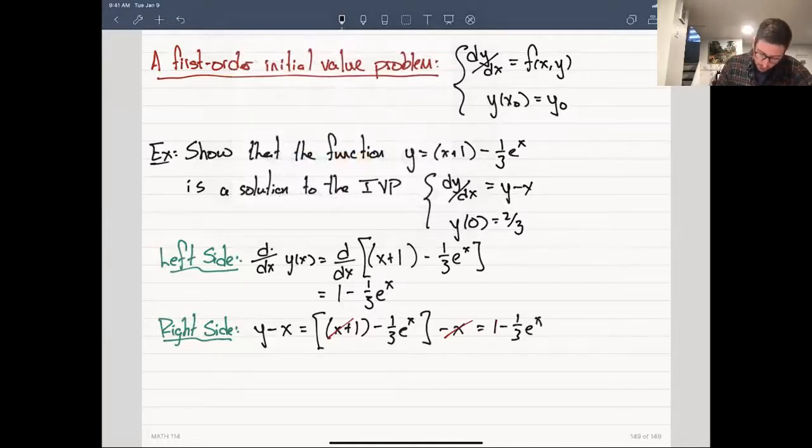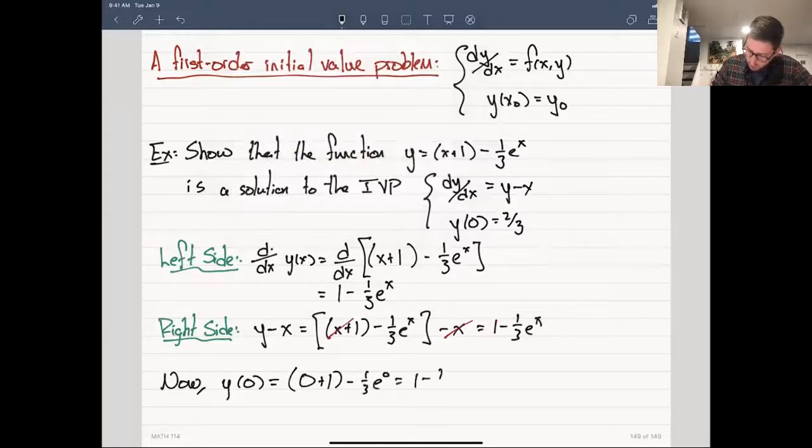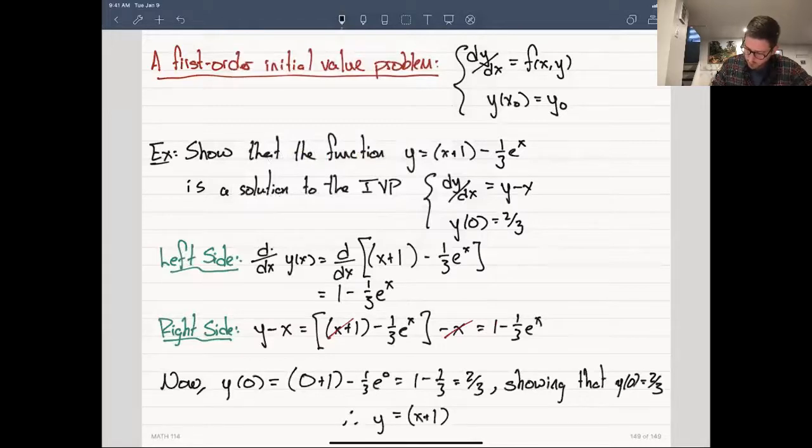So now y of 0 is equal to 0 plus 1 minus 1/3 e to the 0, which is 1 minus 1/3, which is 2/3, showing that y of 0 is equal to 2/3. And therefore, y equal to x plus 1 minus 1/3 e to the x is a solution to the initial value problem, IVP.